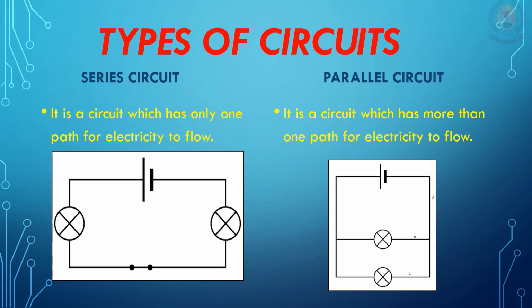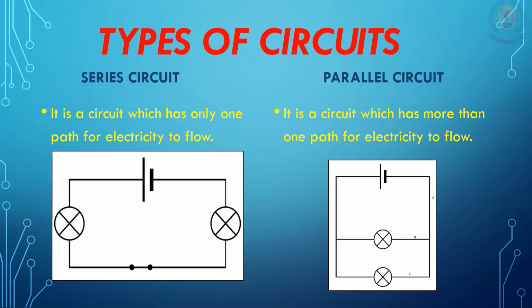Okay, my dear children. Now, what are the types of circuits? Yes, open circuit, closed circuit, series circuit, and parallel circuit. What is an open circuit? Yes, it is a circuit with a gap. Then, what is a closed circuit? Very good.